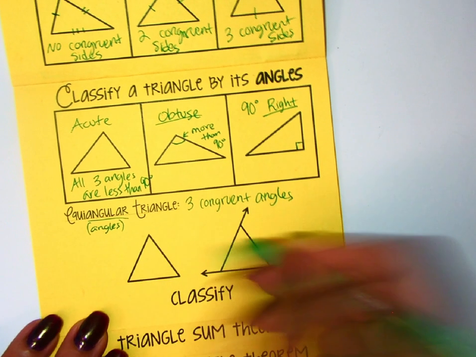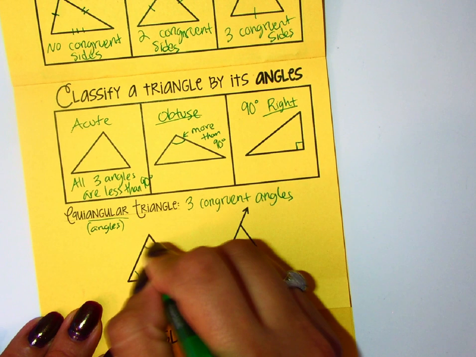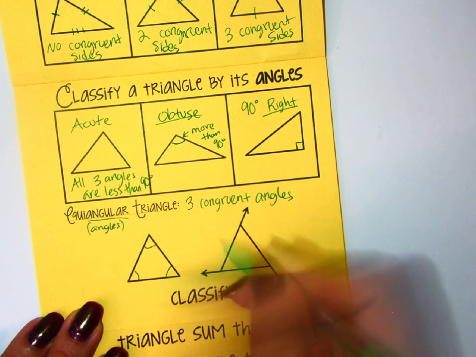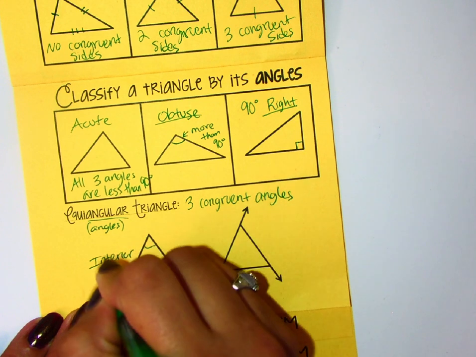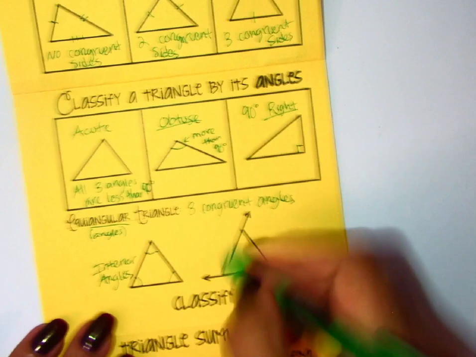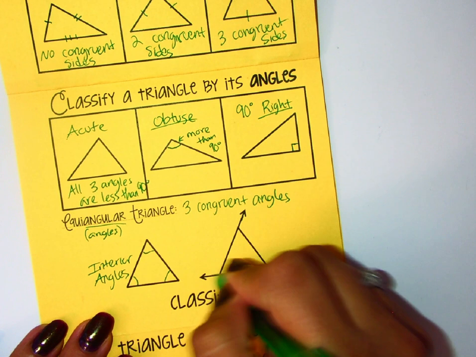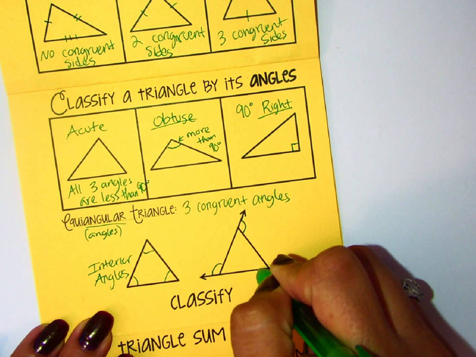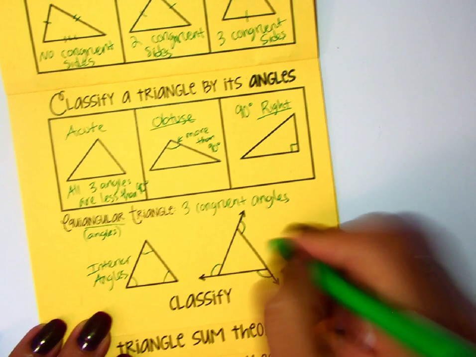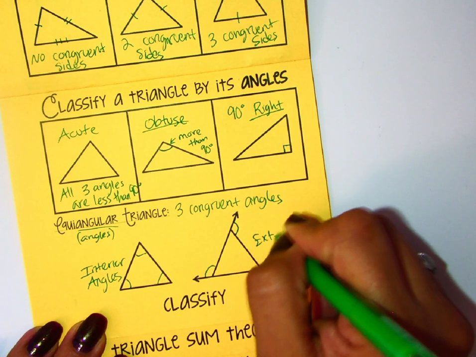The neat thing about this is that there's angles on the inside of the triangle, and those are called interior angles. And then if you were to extend or continue the line, they create also three congruent angles on the outside. So these are called exterior angles.